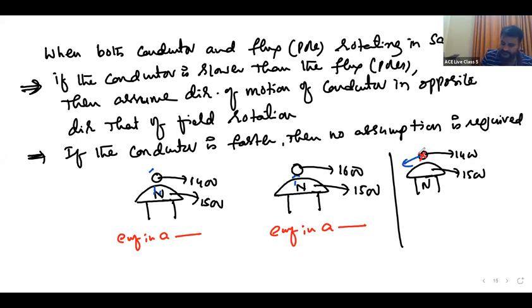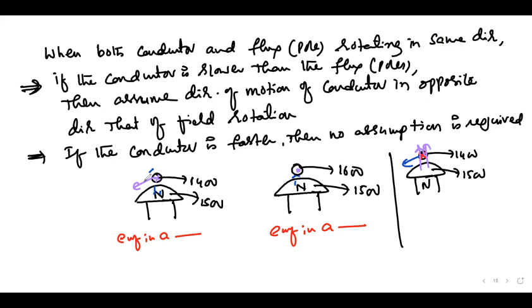Cross. I am applying my right hand rule, and with that it gave cross. The second one will give dot. So this will give cross, this will give dot. You need to assume. Okay, fine. Thank you.